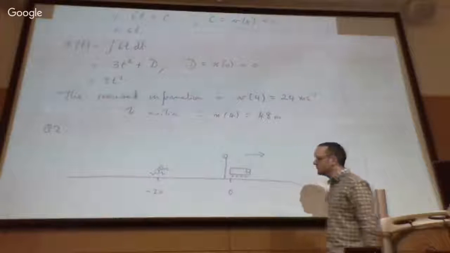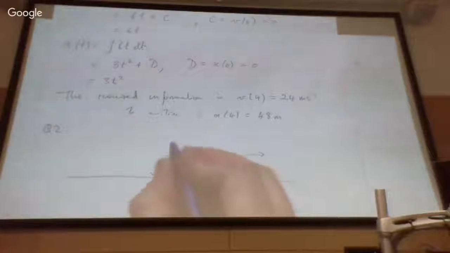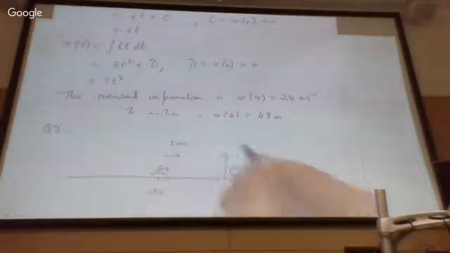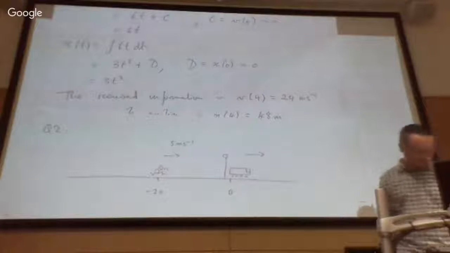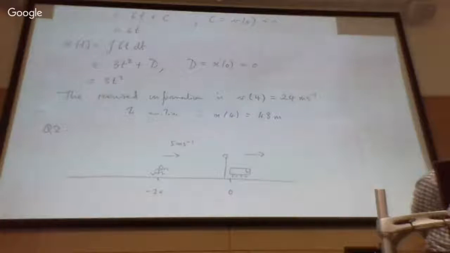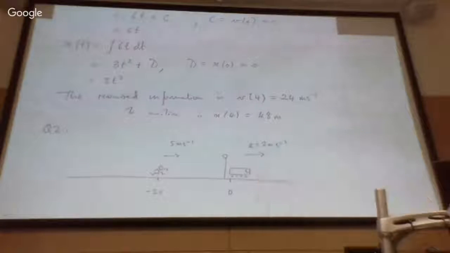It's starting to move. He's running at his top speed of 5 meters per second, so he's going that way at 5 meters per second. It's his top speed, so he's not going to get any faster. The bus is accelerating at 2 meters per second per second.